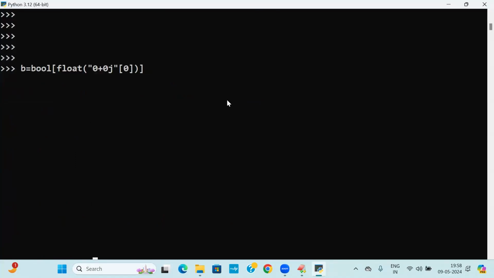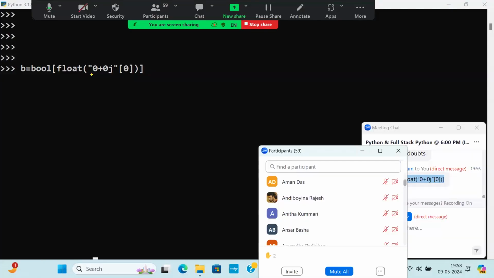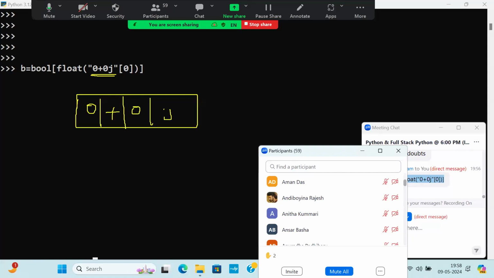You just observe it. I explained this almost 3-4 times in the class. This is a string type, first of all. Take the 0th index, first index, second index, third index.